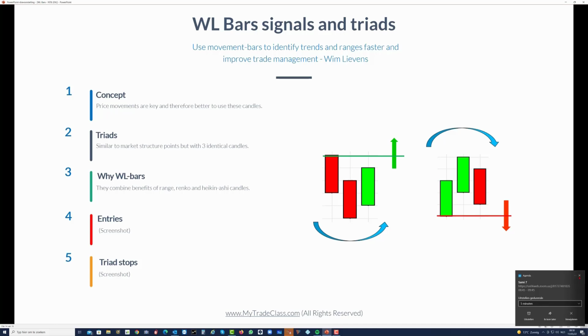And that is, I think, an extra advantage, because you know exactly how big, how tall the triad is, how many points, how many ticks, how many pips.